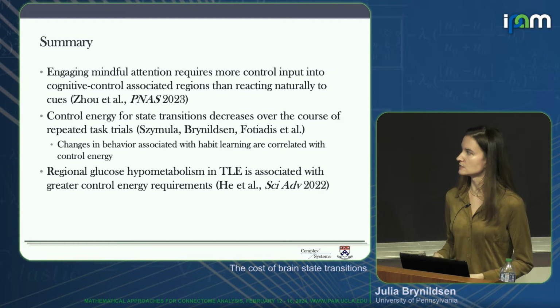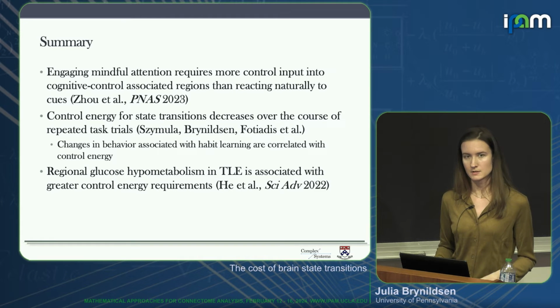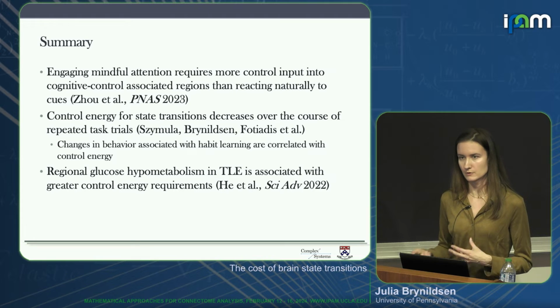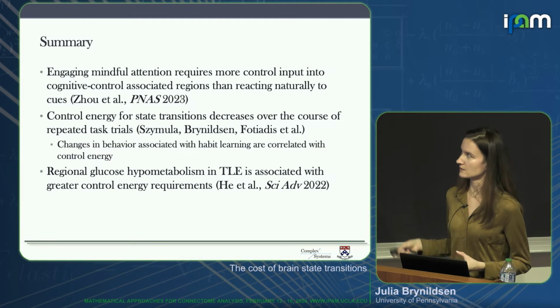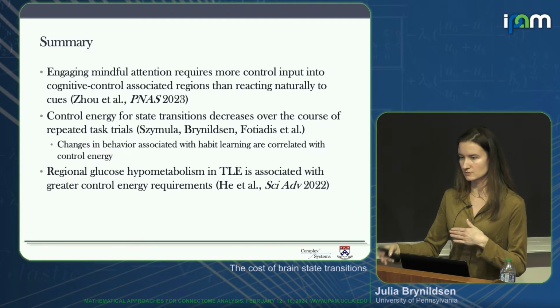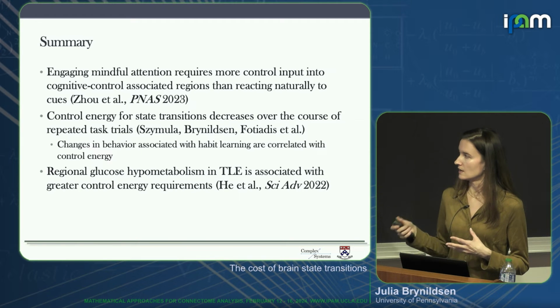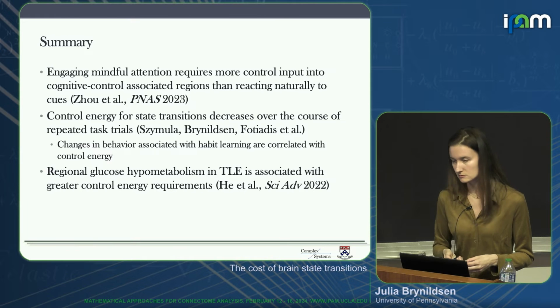And then finally, we see evidence that regional glucose hypometabolism in TLE is associated with greater control energy requirements, reflecting energy inefficiency in the brain. So together, these findings suggest a relationship between control energy, the efficiency of cognition, cognitive effort, and underlying energy demands at the neurobiological level.